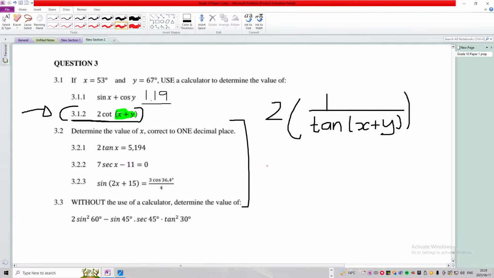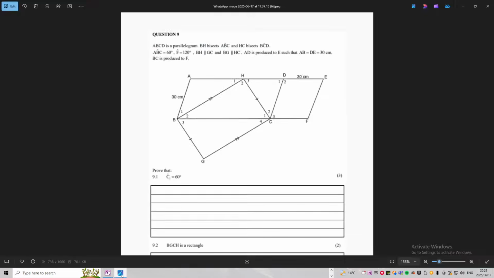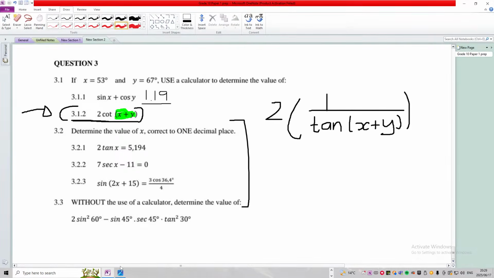So now we type this into the calculator. If they say always round off to 2 decimal places, they will most likely say. Sometimes they say 1 decimal place. Always read your instructions before the exam.